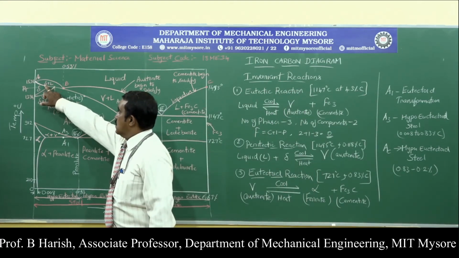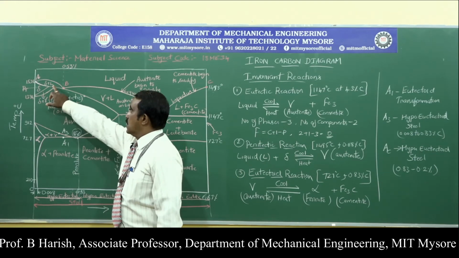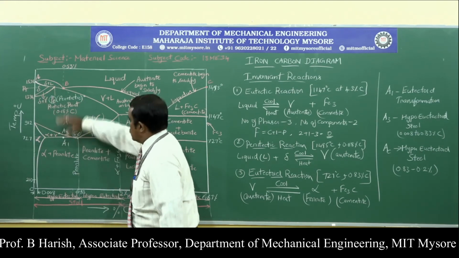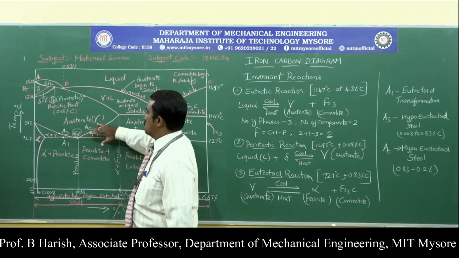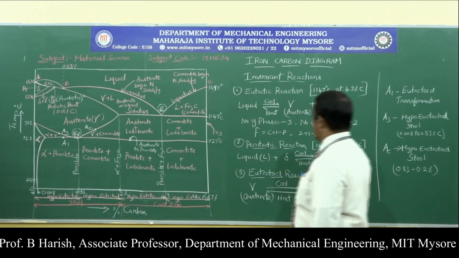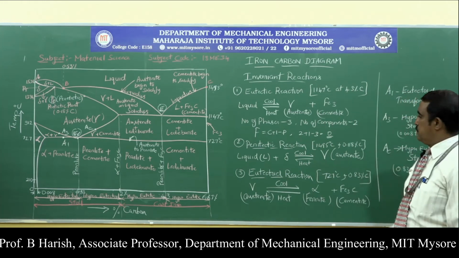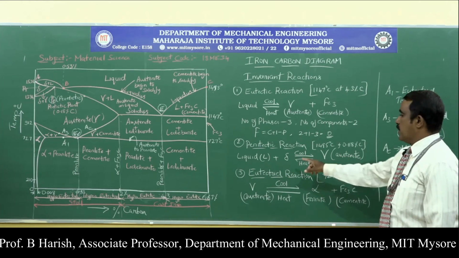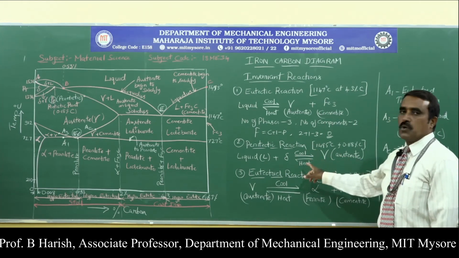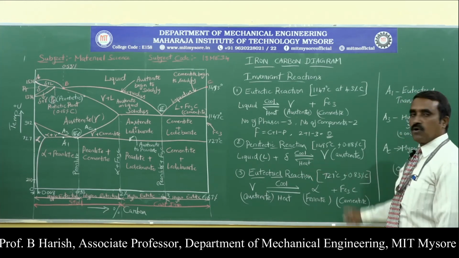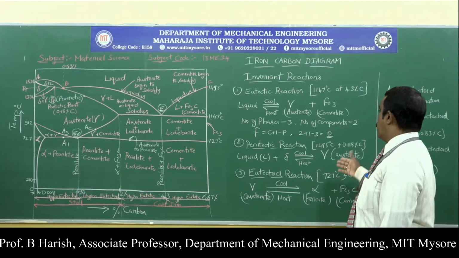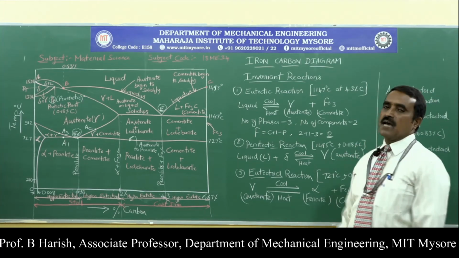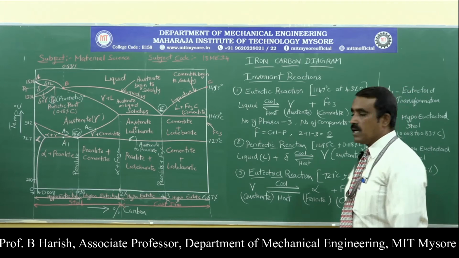Above this it is delta plus liquid, and that gives austenite. Below this temperature, it is austenite. So that is the reaction, called the peritectic reaction, where liquid plus delta gives, on either cooling or heating, one more form, that is austenite. It takes place at a temperature of 1495 degrees centigrade with a carbon content of 0.18%.